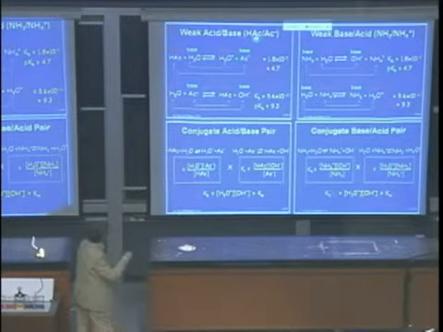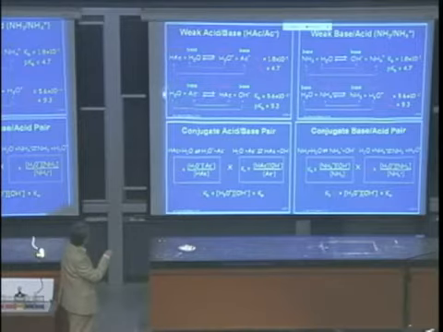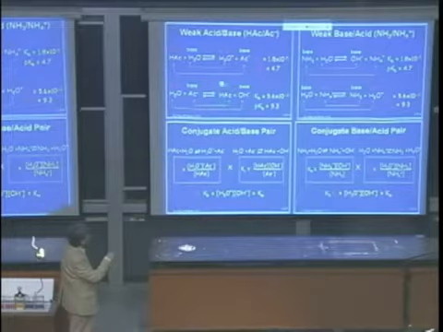So you have this acetate ion, that's a base here, and that base, of course it's not a very good base, reacts with the water to form undissociated acetic acid, HAc, plus OH minus.